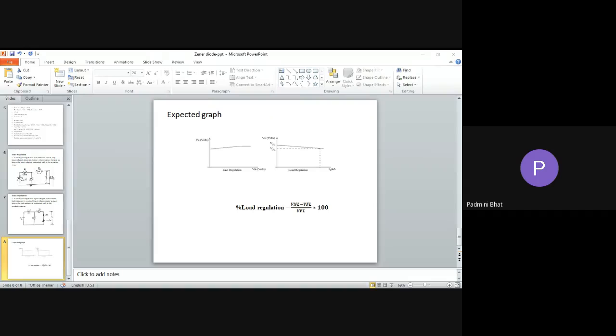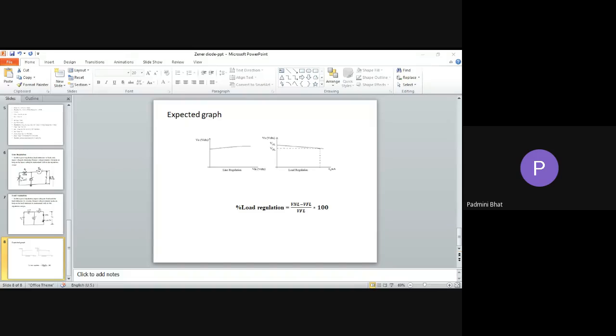So my input can be 6 to 12 volt. In the beginning itself I said a Zener diode can be designed for 1 volt to 200 volt. So I can't say my input is only 6 to 12 volt, because then that is not called regulation. Depending on my design of the Zener diode, my input voltage also will vary.